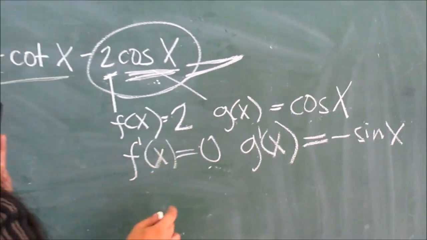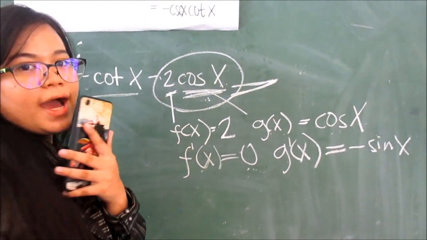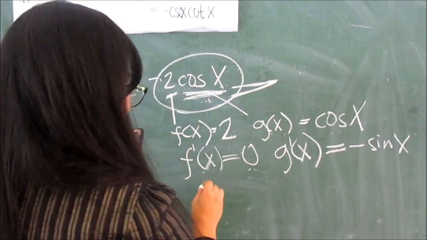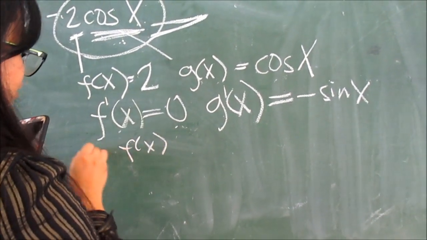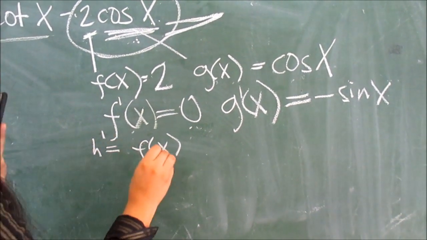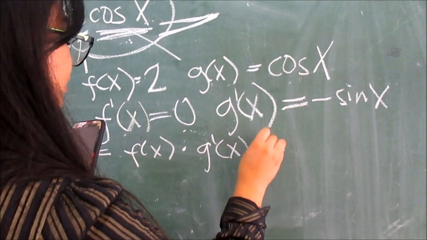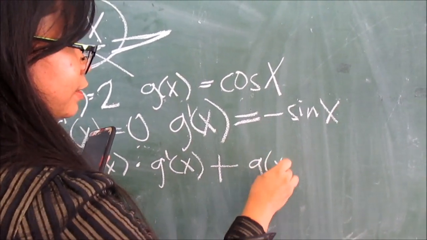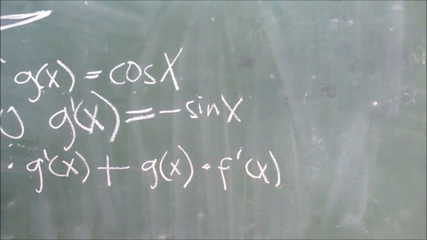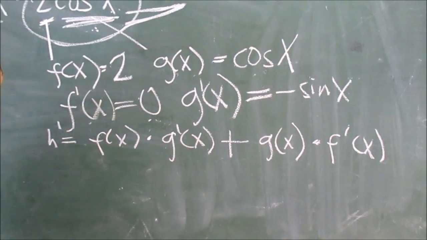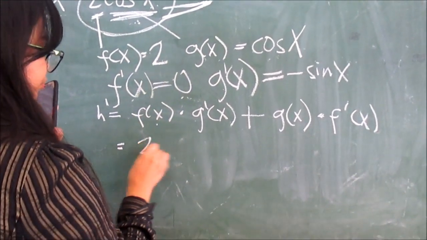Sunod natin gagawin, hanapin natin ang derivative nito by using the product rule. So, we have the product rule: f of x times the g prime of x plus the g of x times the derivative of f of x. So, i-substitute lang natin. So, ang f of x natin is 2.